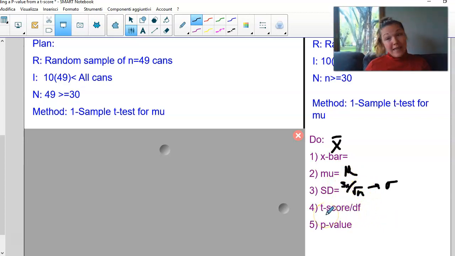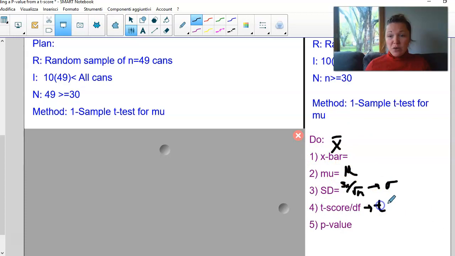And then we have a t-score instead of a z-score. What is a z-score? A z-score is our observation minus the mean divided by the standard deviation, okay? So the same thing, it's what we observe. We observe what's happening to the sample, X bar.